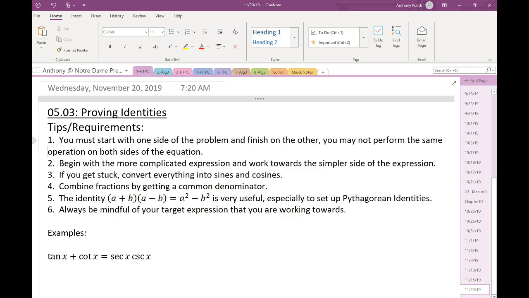This is the last section, chapter 5. Don't worry, we're nowhere close to doing a test before the break, so the test won't come till after you get back from Thanksgiving. Oh, I might have misspoke or somebody misunderstood me. I don't have any intentions of trying to do this before Thanksgiving. There's no need to cram it in.